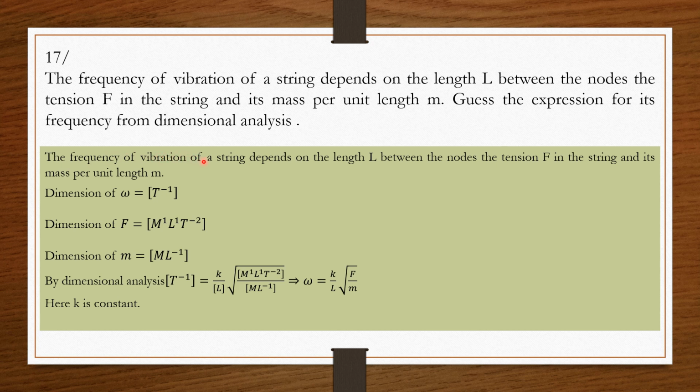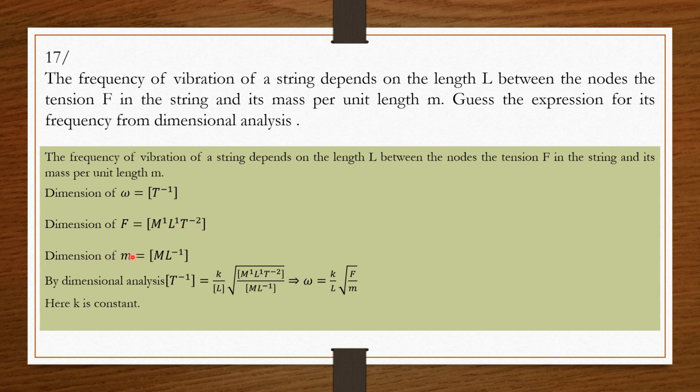The frequency of vibration of a string depends on the length L between the nodes, the tension F in the string, and its mass per unit length m. So we know the dimension of omega, that is the frequency, is equal to t to the power minus 1, and the dimension of F is equal to m1 l1 t minus 2.